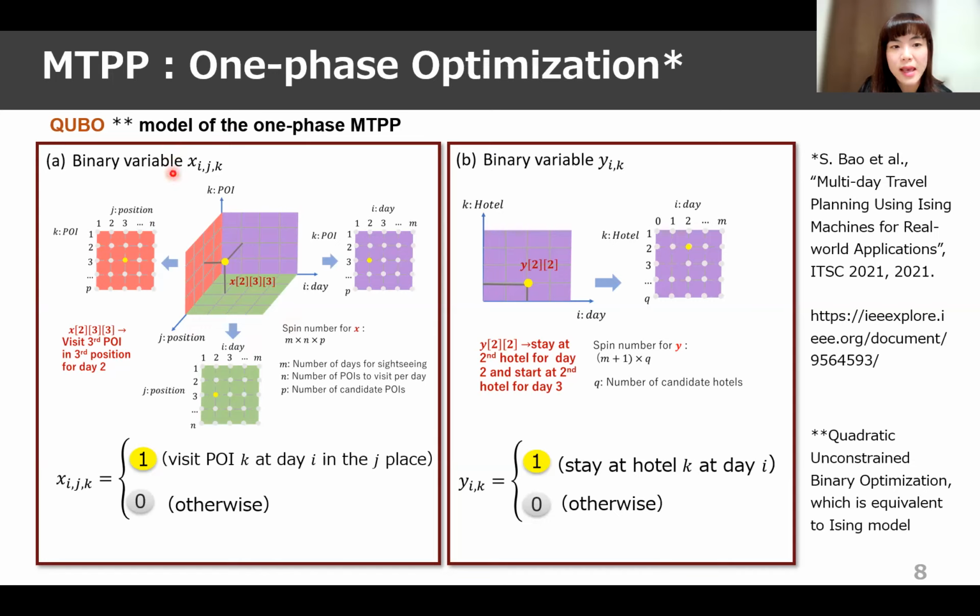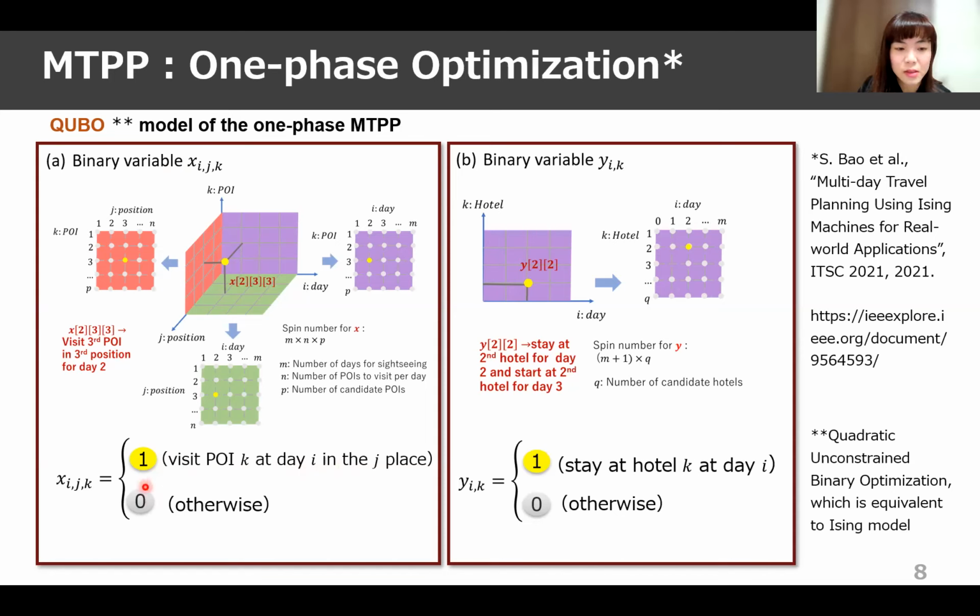This binary variable x is designed to decide which POI should be visited each day and in what order. If x_ijk is 1, it means to visit POI k on day i in the j-th place.